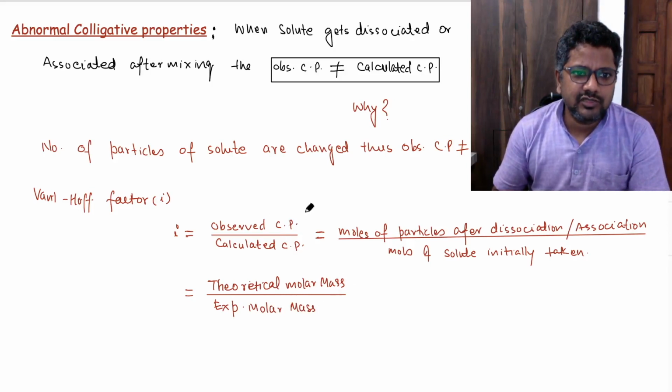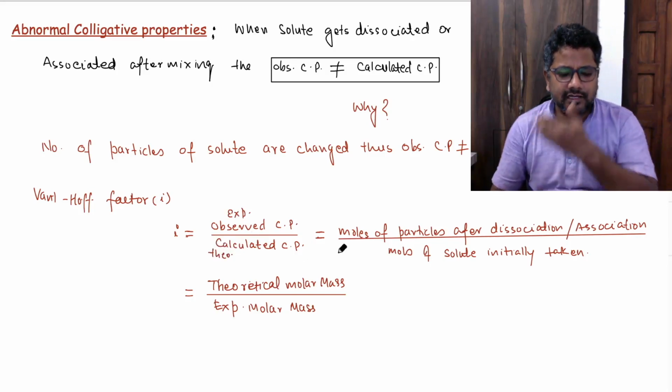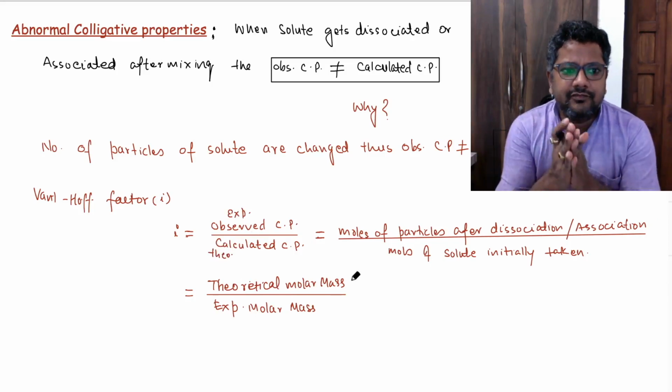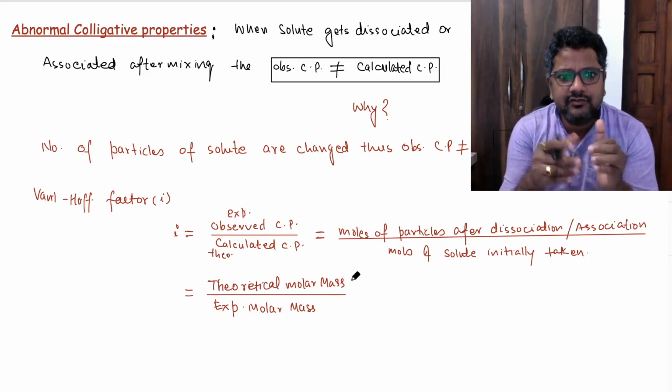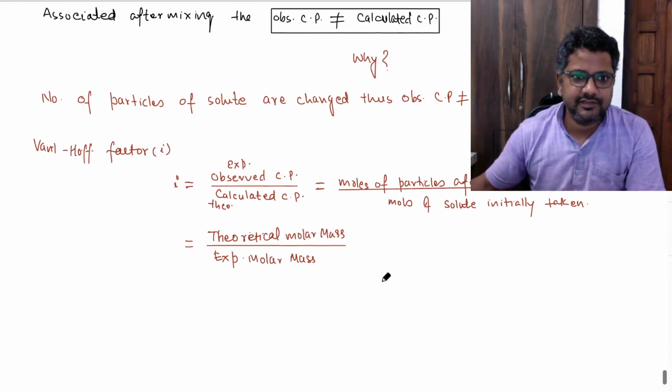Observed colligative property means experimental and calculated means theoretical. So you have three different formulas, and on the basis of these you can calculate i. Let's do some simple example.